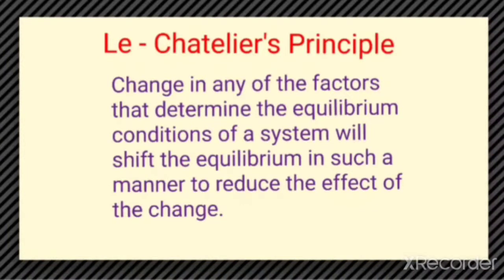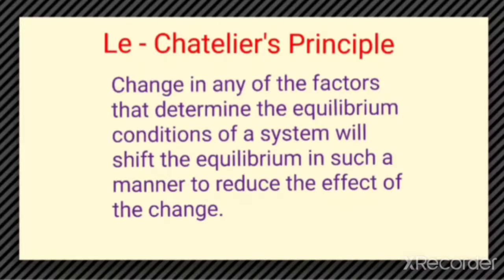It states that a change in any of the factors that determine the equilibrium condition of a system will shift the equilibrium in such a manner as to reduce the effect of the change. That means the factors affecting the equilibrium condition, like concentration, temperature, pressure.